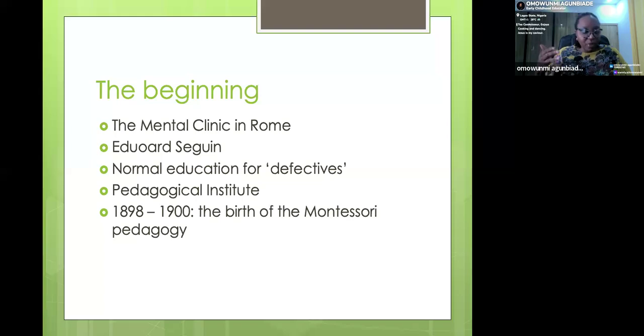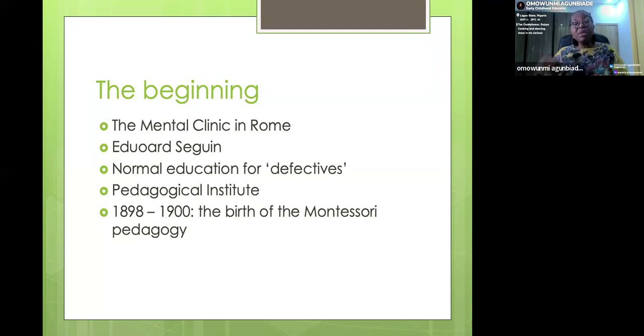Maria Montessori was an assistant doctor in this mental clinic. She had occasion to frequent the asylum to study sick people, to be chosen for the purpose of clinical teachings, because of course she was studying medicine.